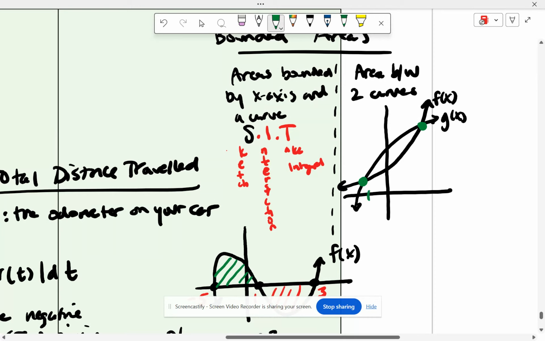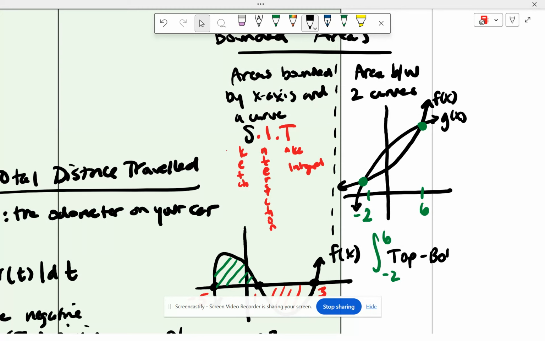Let's say this one is -2 and this one is 6. We use those points of intersection for our bounds of integration. And then we do top minus bottom. Do you need absolute value bars for a problem like this? No. Why? Top minus bottom is always going to yield a positive value, because you're doing the larger y outputs minus the smaller y outputs.